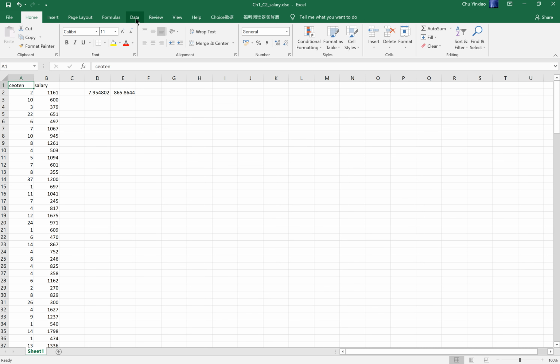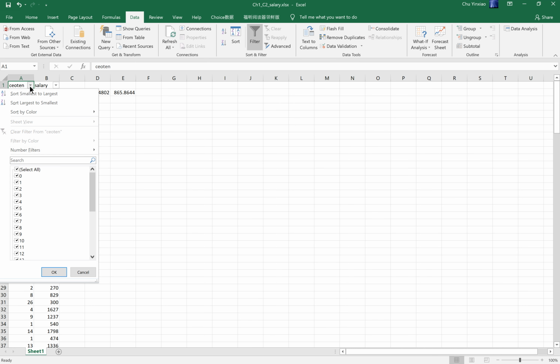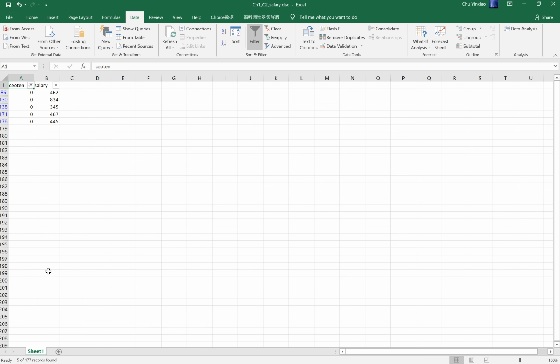So in Excel you can use the filter and select CEO tenure equal to 0, right? And we found 1, 2, 3, 4, 5 observations. Here it says 5 of 177 records.